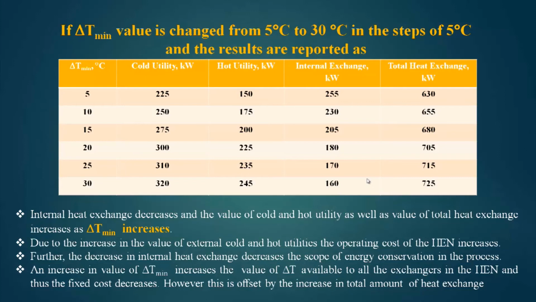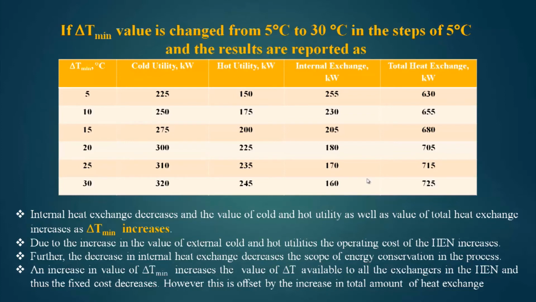If we take it to be 15 degree, then for the same values, the cold utility demand rises from 225 to 275, hot utility amount rises from 150 to 200, the internal exchange decreases from 255 to 205, and the total increases from 630 to 680.